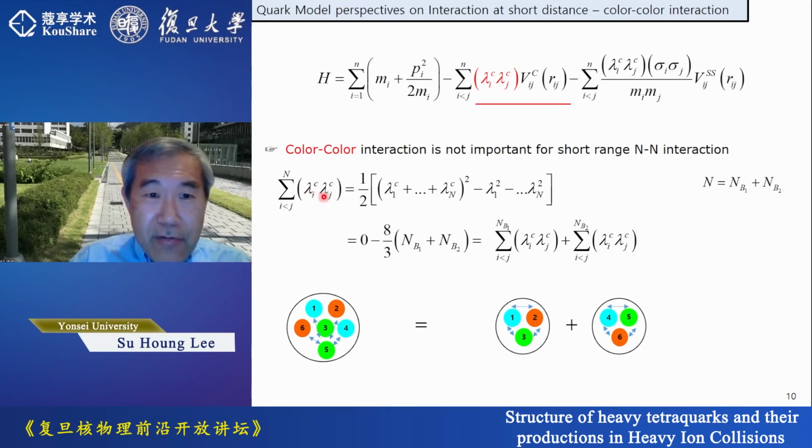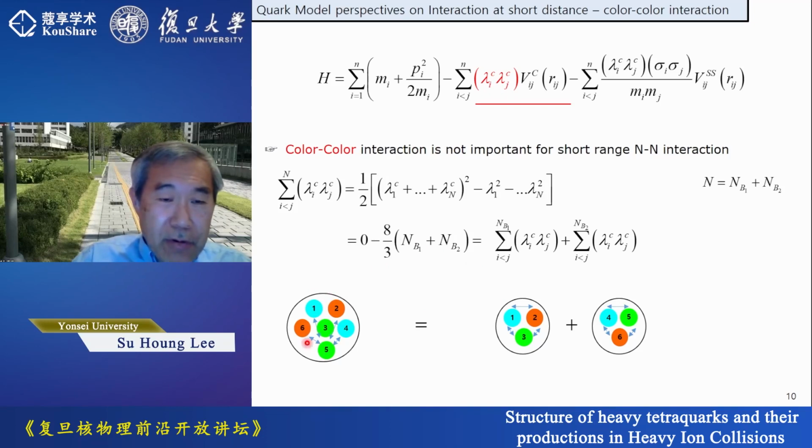And there is, of course, this famous formula where this is just equal to the sum of the total color of this configuration minus the color of the individual sources. Now, if this is a color singlet configuration, then the total color is 0, and therefore you just subtract out the individual strengths of the single quark charges, which is equal to the number of quarks in the total configuration.